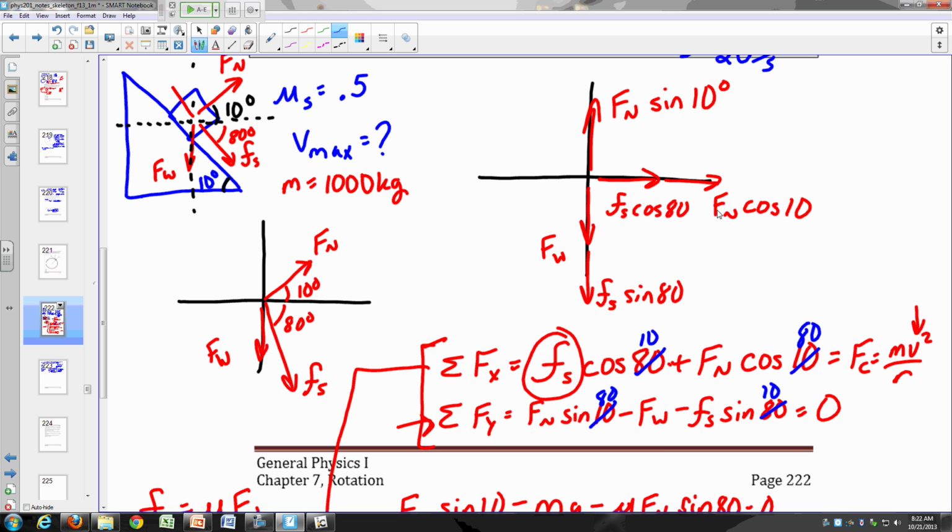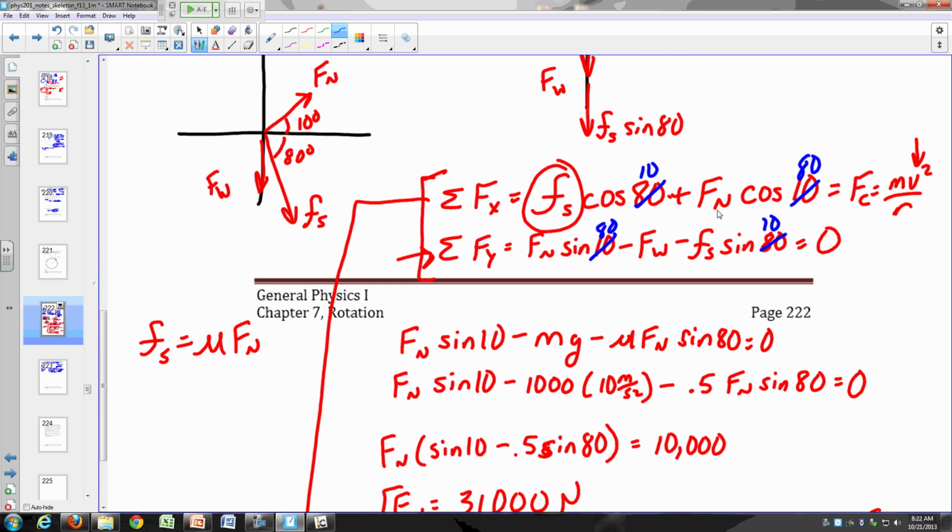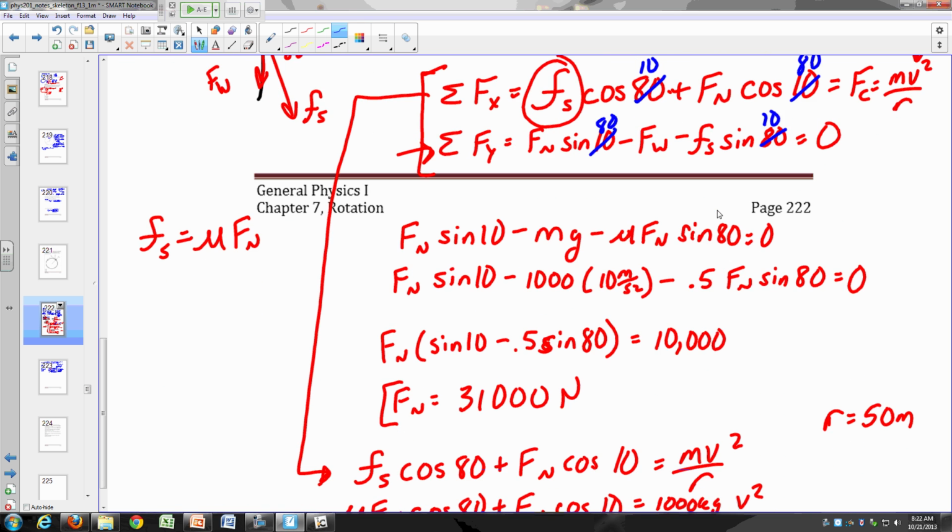And then it comes out positive. Okay, I'll fix it. So this would be 80, and that should be 10. So here is also. All the angles should be switched. I'll look at it next time.